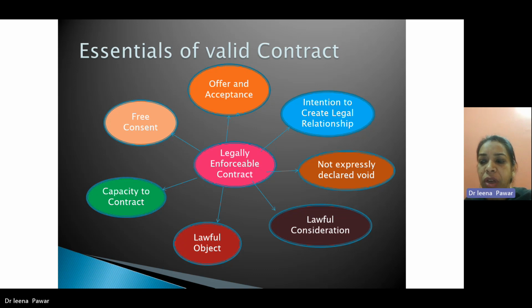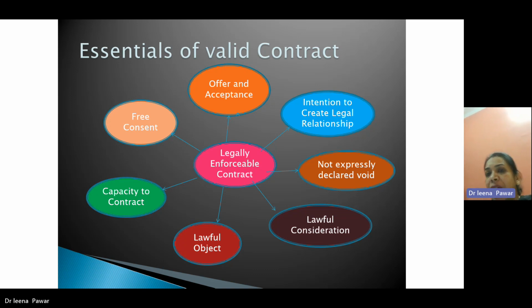In other words, a contract without lawful consideration is not valid. Like a contract with parties who are not competent to contract, it is invalid, not valid and not enforceable. Another condition is that it must be legally enforceable, with the intention to create a legal relationship.